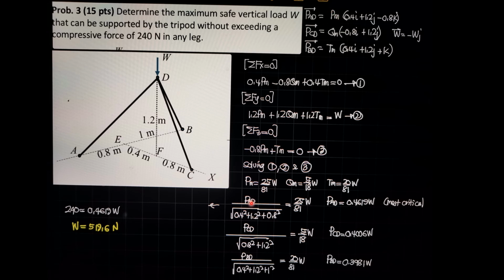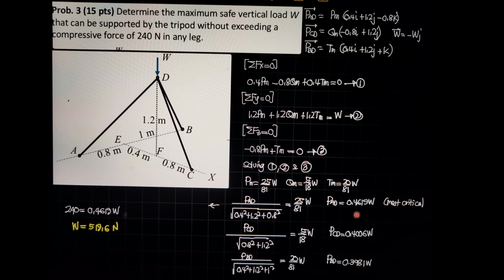PAD over distance, which is square root of 0.4 squared plus 1.2 squared plus 0.8 squared, equated to Pm, which is 25 over 81 W. So PAD is 0.4619 W. Then Qm is PCD over distance, square root of 0.8 squared plus 1.2 squared, equated to 5 over 18 W, and it is 0.4006 W. Then for Tm, PBD over distance, square root of 0.4 squared plus 1.2 squared plus 1 squared, equals 20 over 81 W, and that is 0.3981 W.